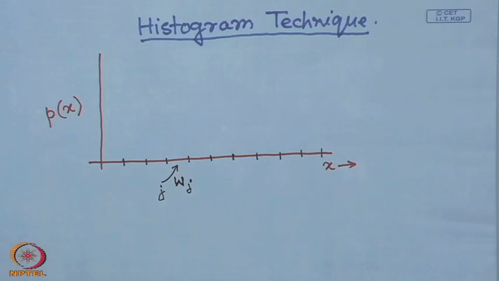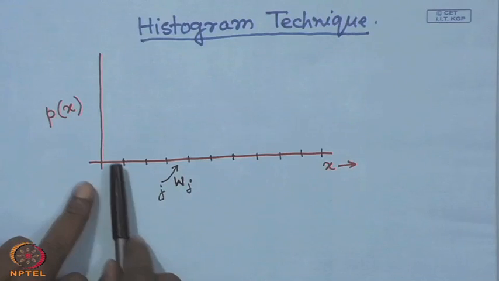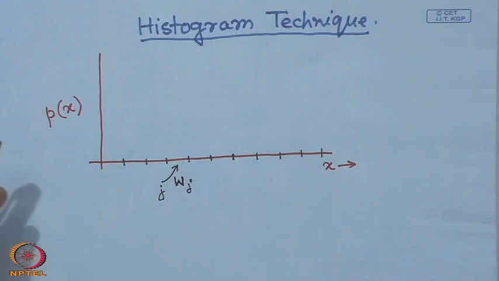Then I have a large number of samples which represent different sampled values of the variable x, and to estimate the probability density function, along the horizontal axis I put all those different sampled values of x, and along the vertical dimension I put the estimated value of the probability density function. For this, I have taken the jth interval whose width I have assumed to be w j.